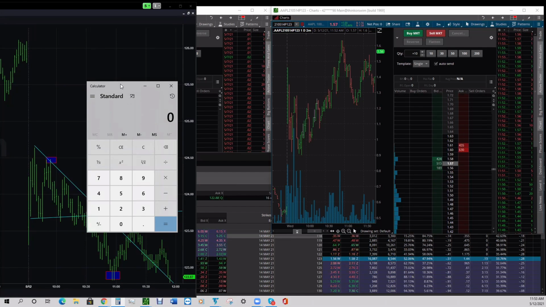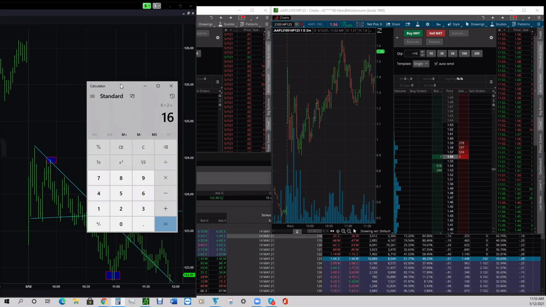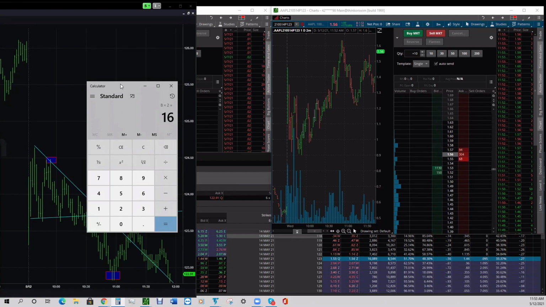So you got 8 shares, and then you made $2 per share. 8 shares times 2, a whopping $16 you just made. Doesn't that suck? $16 you would have made if you were just buying stock, because you bought 8 shares. It moved $2. So you made $2 per share. You made $16. If you traded options, you made $600.